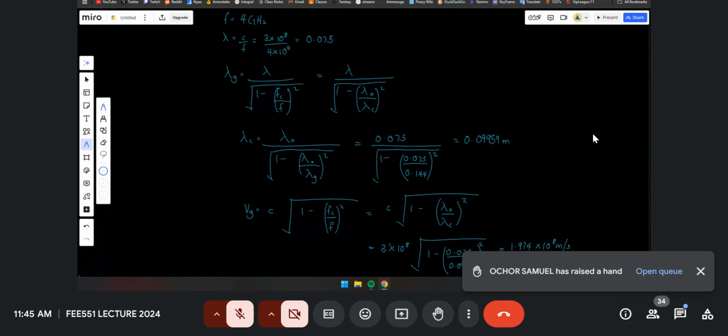I didn't get you. I'm asking because for the waveguide, we don't know what dielectric is filling the waveguide, and we are given the frequency of the wave, and we are given the wavelength as 11.4, the guide wavelength.